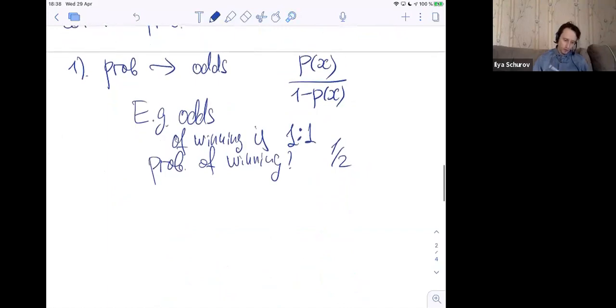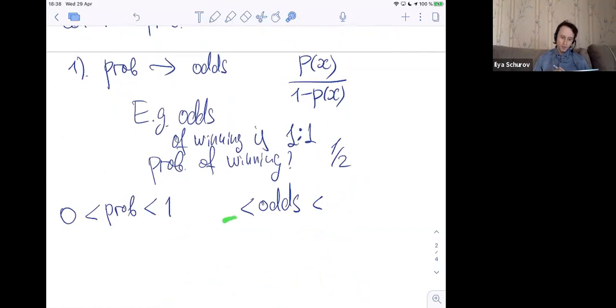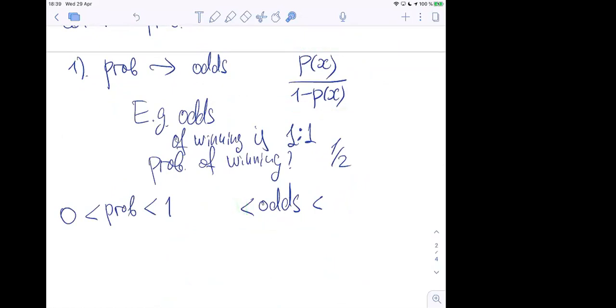Let me draw the following thing. Probability changes from 1 to 0. What can I say about odds? What is the lowest possible value for odds if we look at this formula? 0, yes.